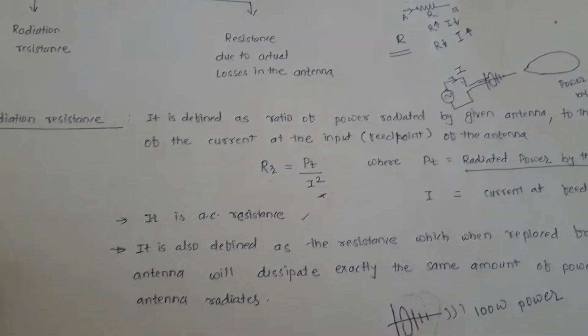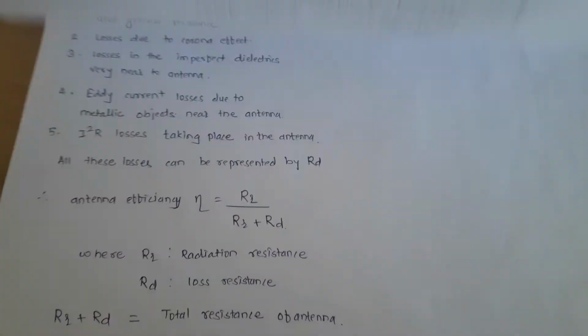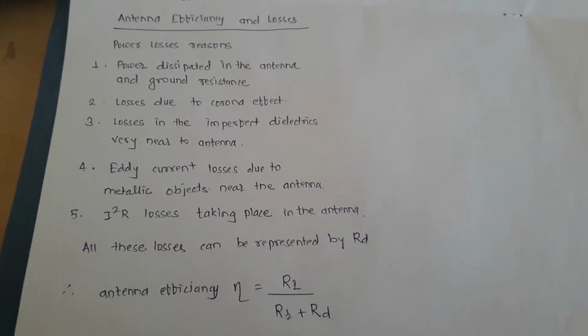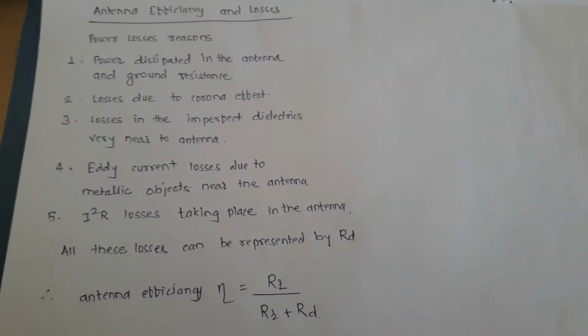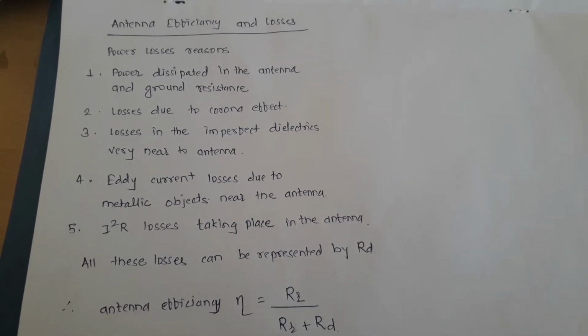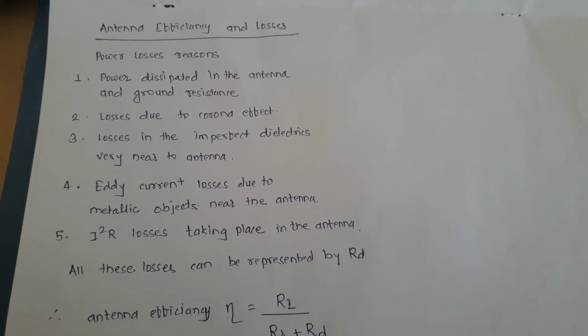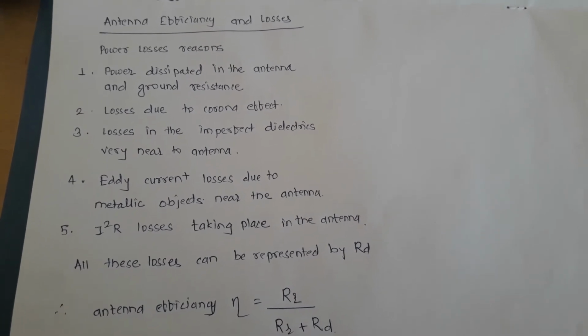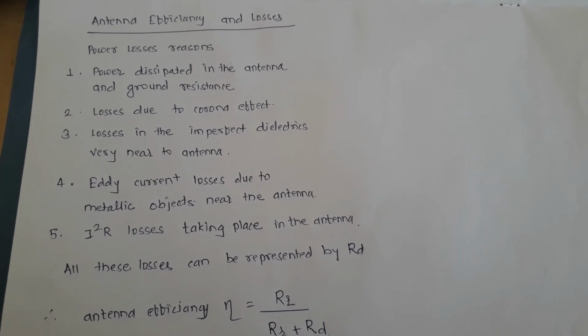that is resistance due to the actual losses in the antenna. While talking about the antenna, each and every electronic system has its own losses, internal losses as well as external losses. Similarly, the antenna also has some power losses while it is functioning.